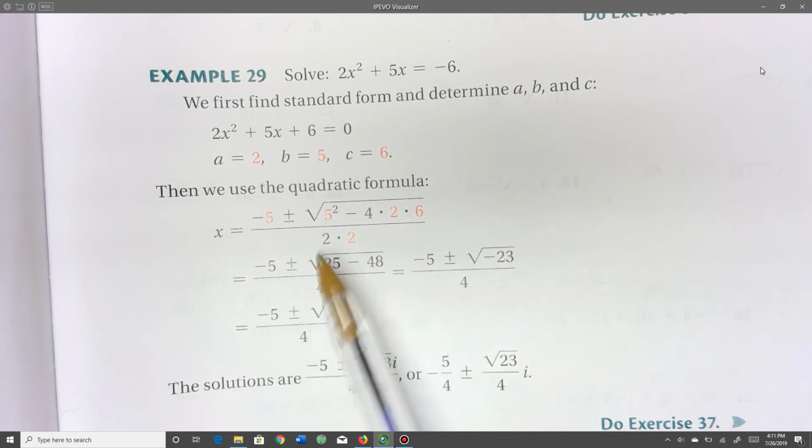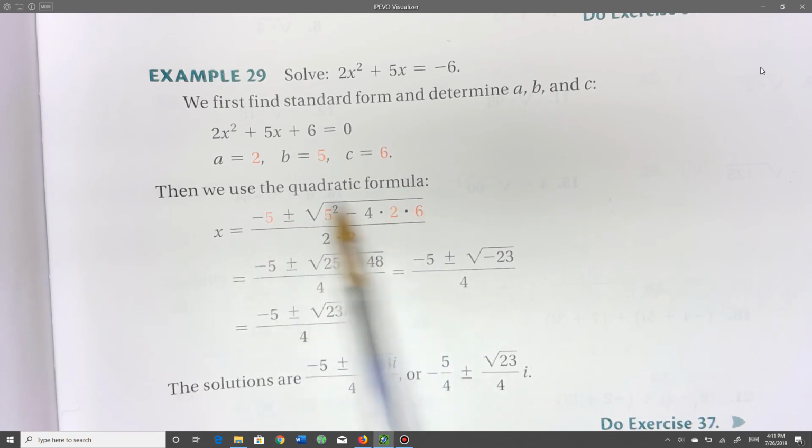Then just perform the operations, and your answer should be either a positive or a negative answer, or both.